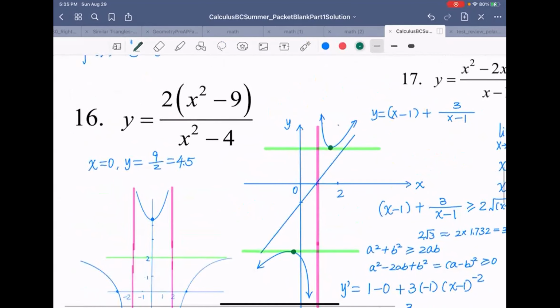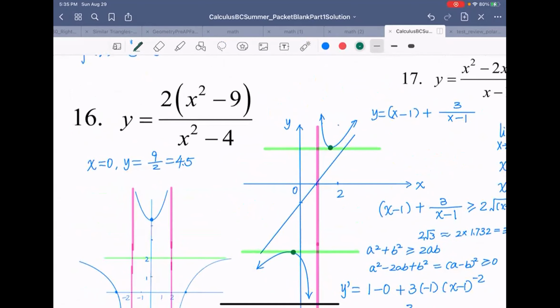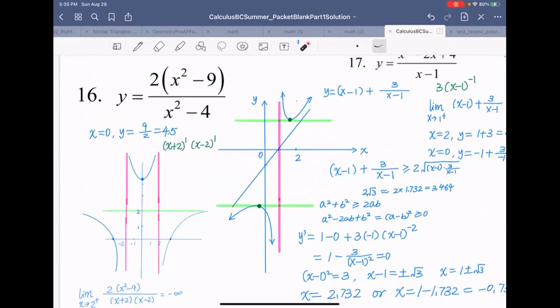We talk about the even and odd. The denominator is (x plus 2) to the power 1, (x minus 2) to the power 1. So if you find that here is negative infinity, your next point is going to jump to positive infinity, because this is to the power 1. It's odd.